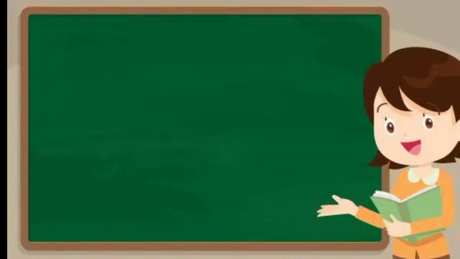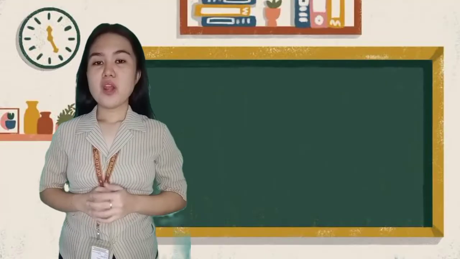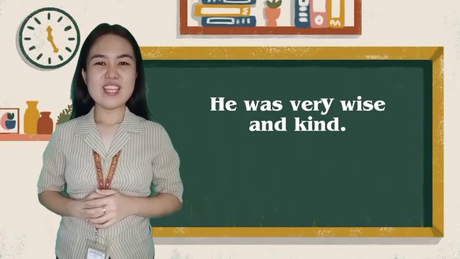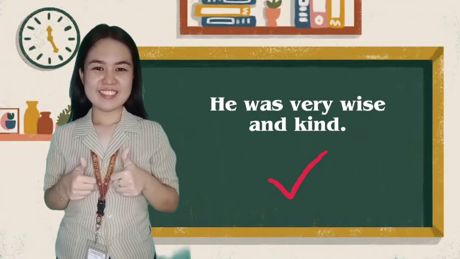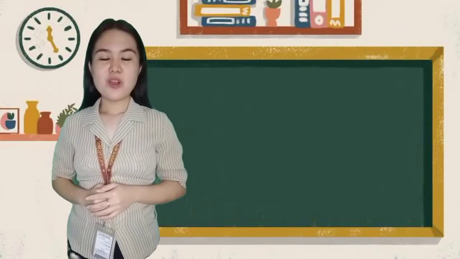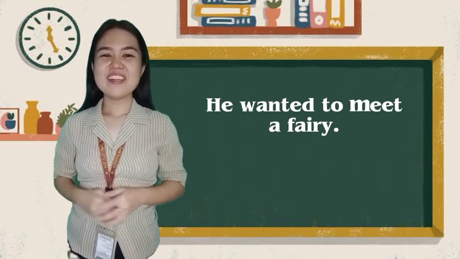Class, let us arrange these jumbled phrases to make sentences. If your answer is, he was very wise and kind, then you are correct. If your answer is he wanted to meet a fairy, then you are correct.